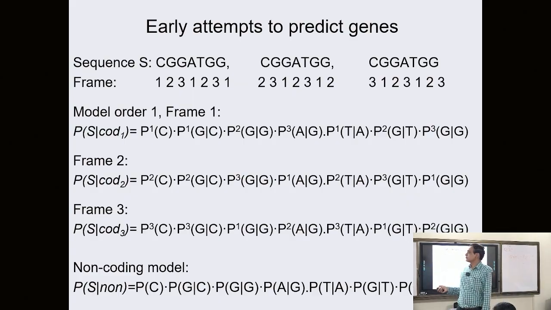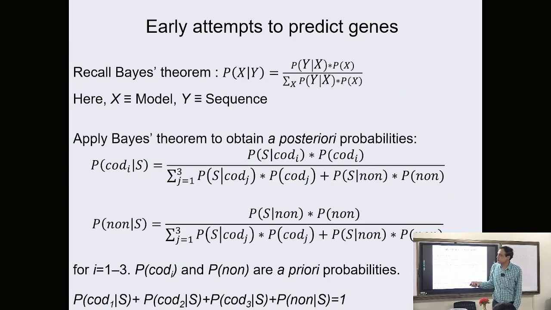The posterior probability of protein coding in the ith frame given this sequence is equal to the probability of the sequence given the coding model in frame I multiplied by the coding model in frame I. Then sum over all the models, the 3 coding models and the non-coding model.